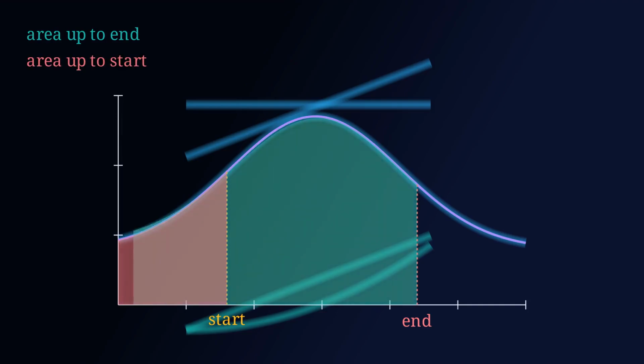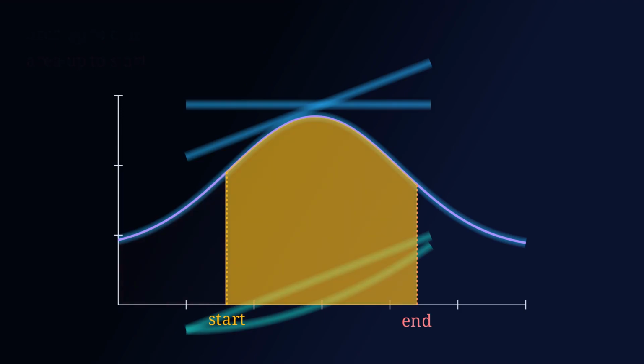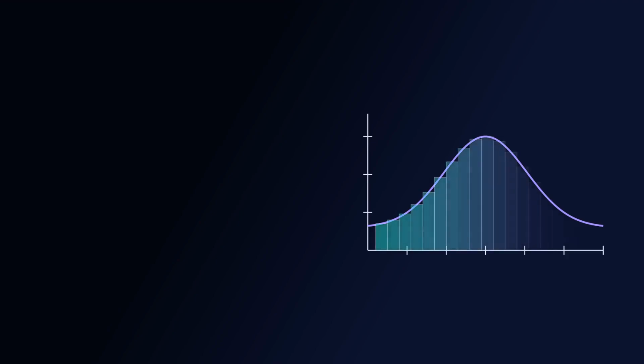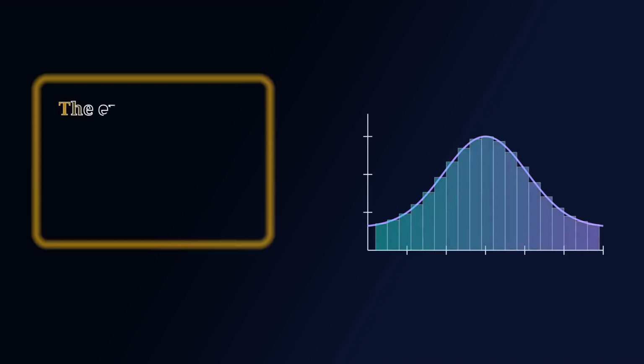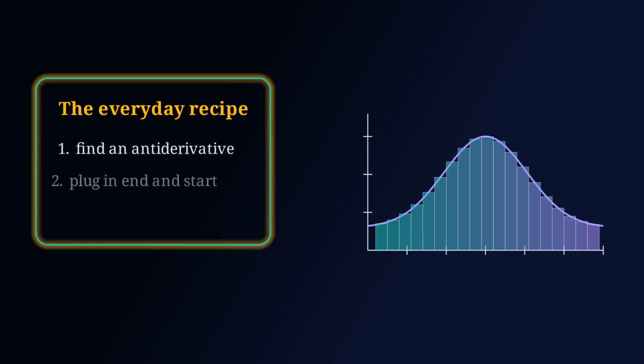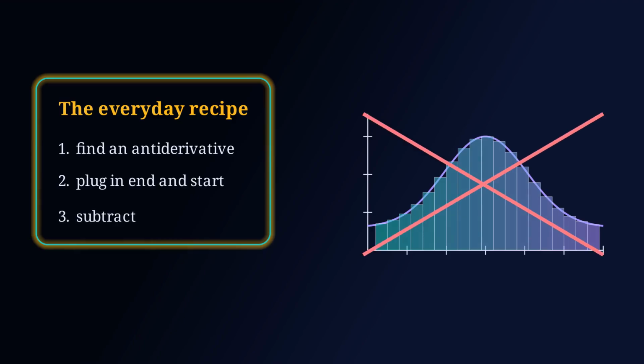The area piled up to the end, minus the area piled up to the start, leaves exactly the area in between. This is the everyday recipe people actually use. Find an antiderivative, plug in the end, plug in the start, and subtract. A problem that once demanded adding up infinitely many slivers collapses into two evaluations and one subtraction.